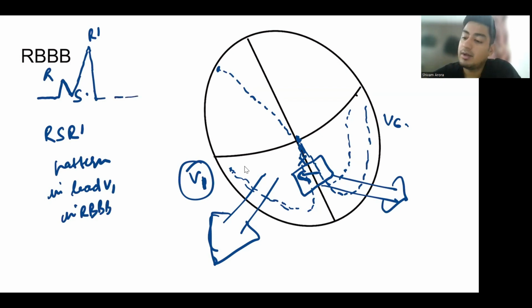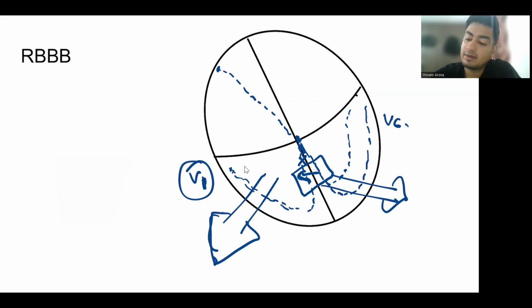Clear? Now we will draw the vector in respect of lead V6. This is lead V6. Again, the right bundle branch is not working. So in lead V6, the first wave is a negative wave because of the septal depolarization. Second wave is a positive wave because of LV depolarization.